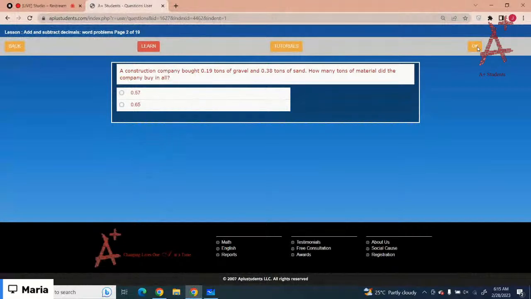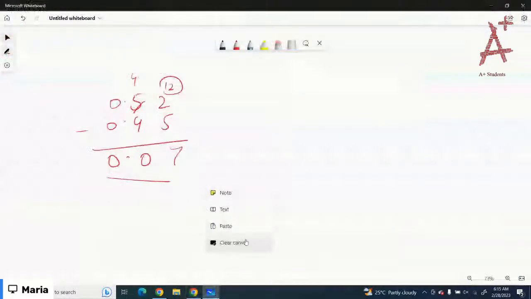You have to add 0.19 plus 0.38. 9 plus 8 is 17.